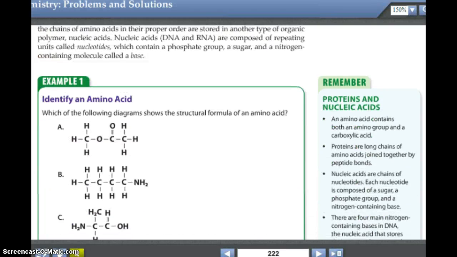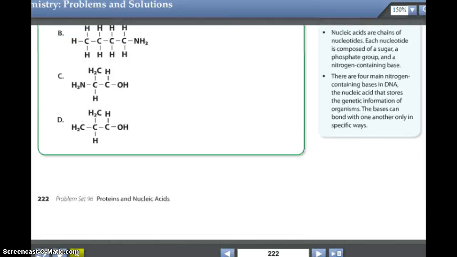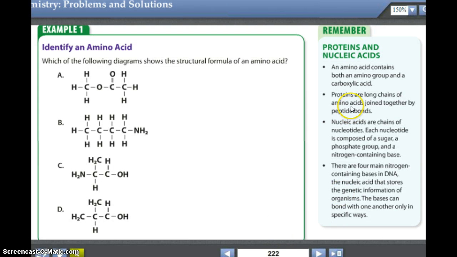All right. So here's a good one. This is like a quiz question. Which of the following diagrams shows the structural formula of an amino acid? And remember proteins and nucleic acids. An amino acid contains both an amino group and a carboxylic acid.